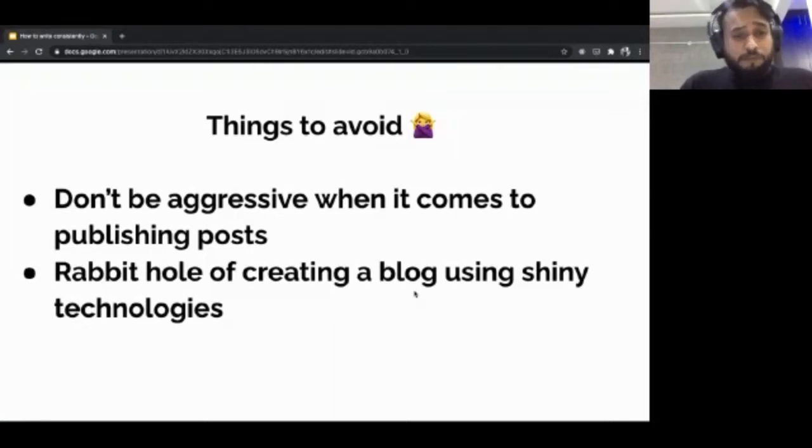So if you plan to have a blog, or if you have a blog that you are already using and posting a lot of things, then I would say you should also consider cross-posting on community platforms like Hashnode or Dev.to, because they generally have a larger audience than your blog can initially have.